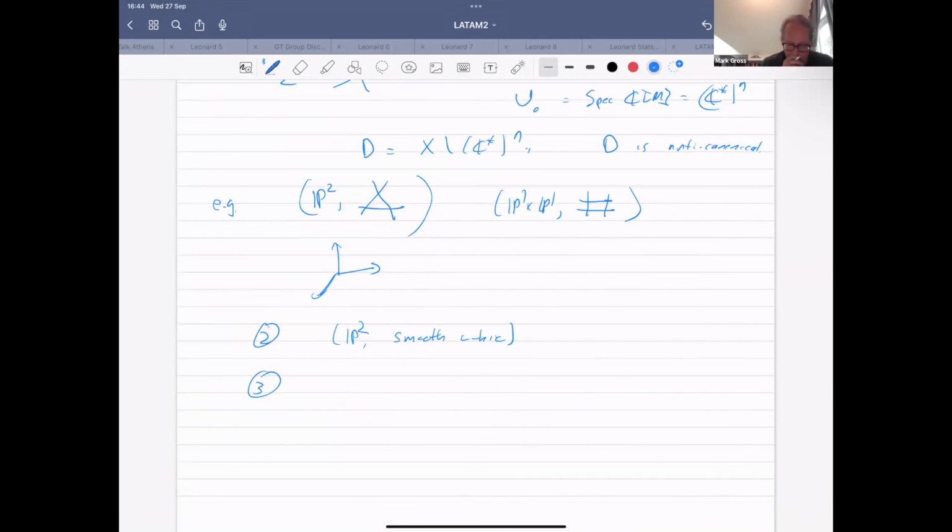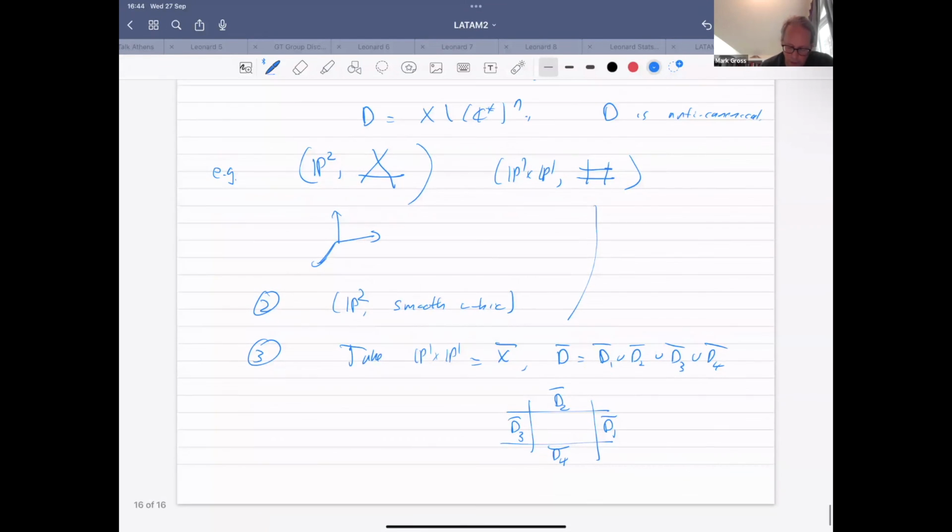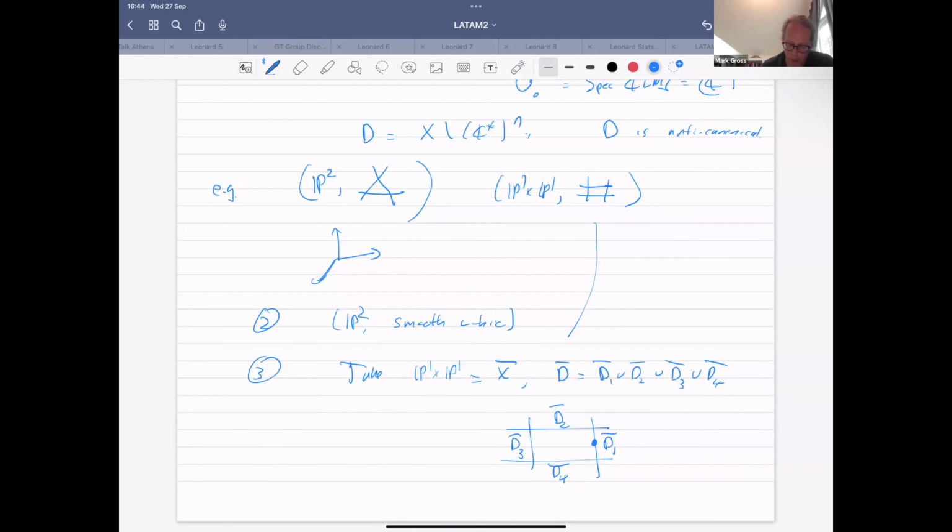And then a third example, which is going to be a running example for a while in these talks, is I take P1 cross P1, let me call it X bar. So D bar is this thing here, which I could write as D1 bar, D2 bar, D3 bar, union D4 bar, which I will draw like this, cyclically labeling the boundary. And choose a point on D1 bar and blow it up.